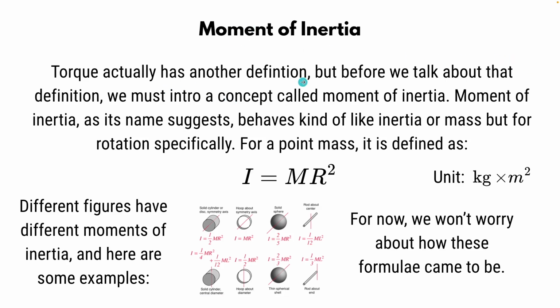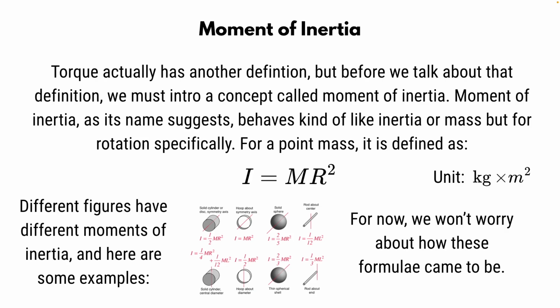Torque has another definition, and before we talk about it, we need to introduce the concept called moment of inertia. Moment of inertia, as its name suggests, behaves kind of like inertia or mass, but for rotation specifically. For a point mass, the moment of inertia is equal to m r squared, and so the unit, as you can guess, is kilograms meters squared.